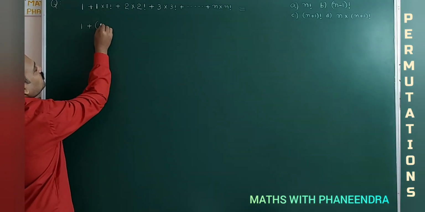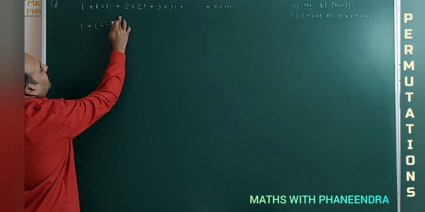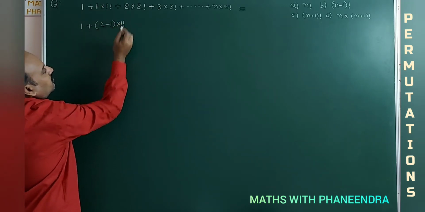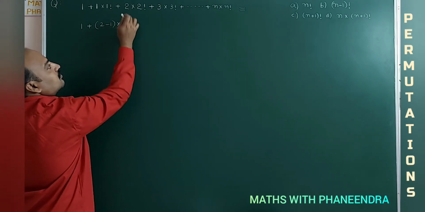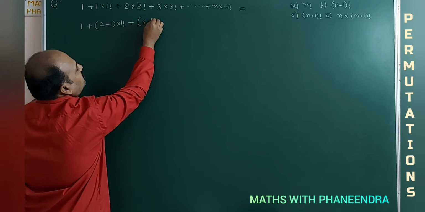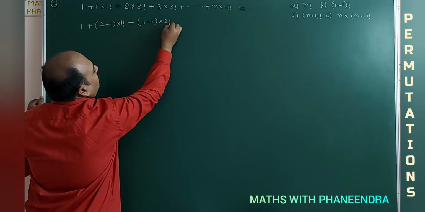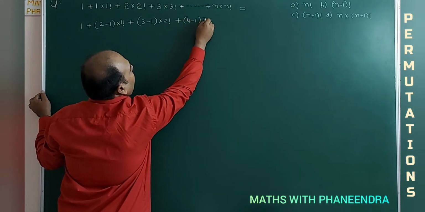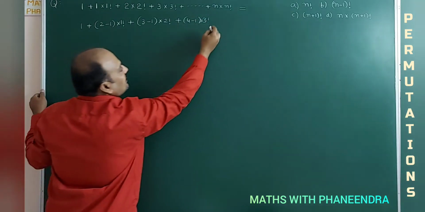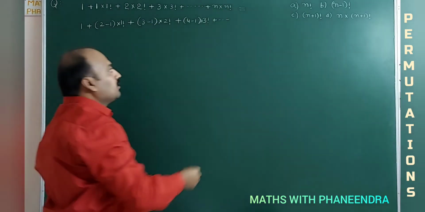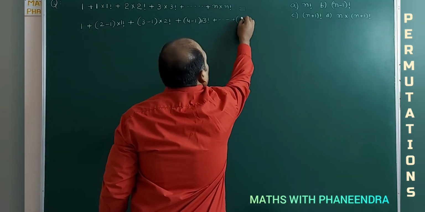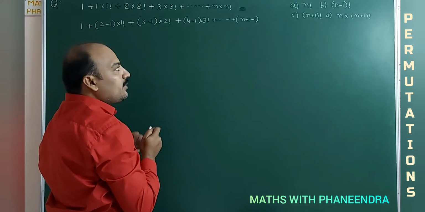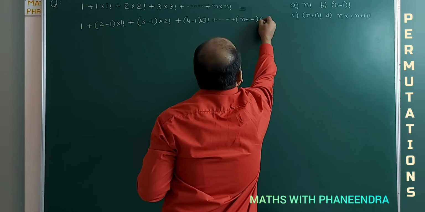So 1 can be written as 2 minus 1 into 1 factorial, plus 2 can be written as 3 minus 1 into 2 factorial, plus 3 can be written as 4 minus 1 into 3 factorial, plus and so on. n can be written as n plus 1 minus 1 into n factorial.